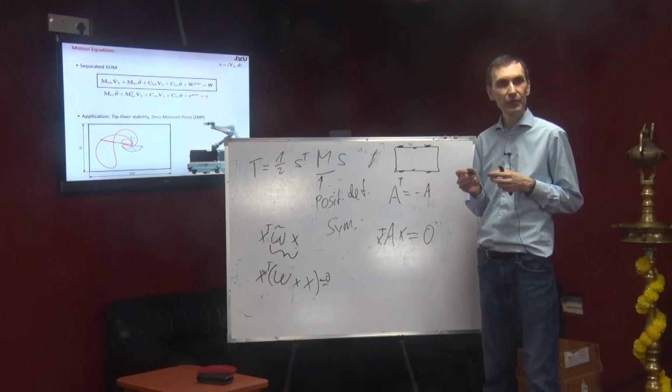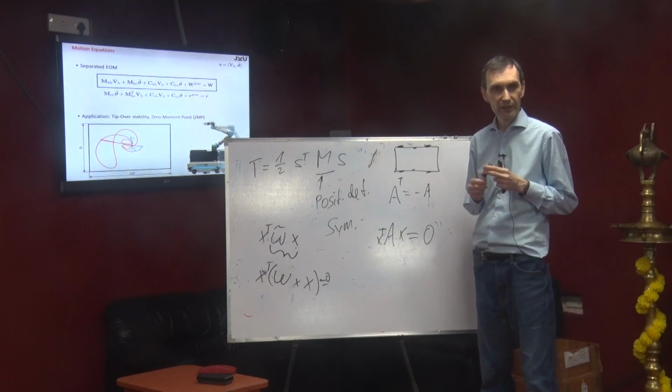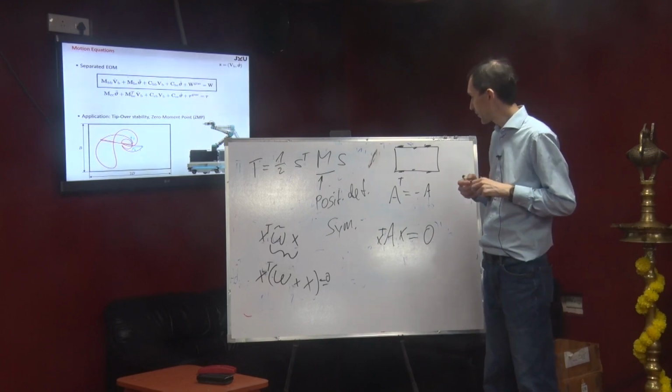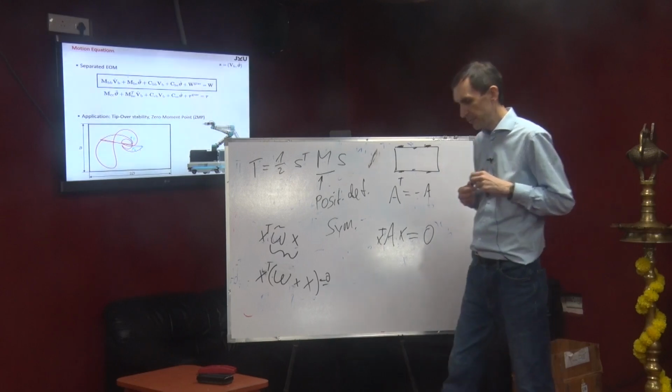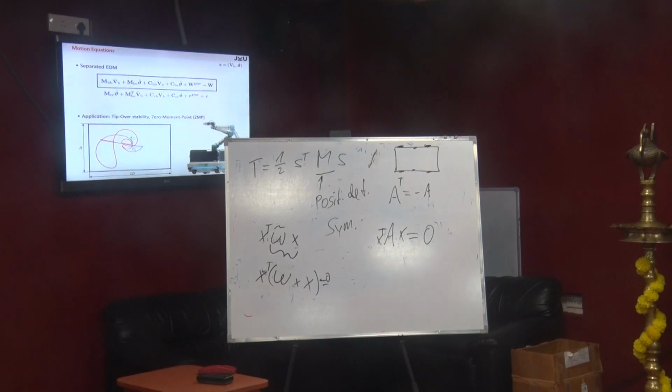This has to do with the so-called ZMP, the zero moment point. This comes originally from biomechanics. The question is, for example, when you are standing, or when you are walking, what's the condition for you not to fall over?